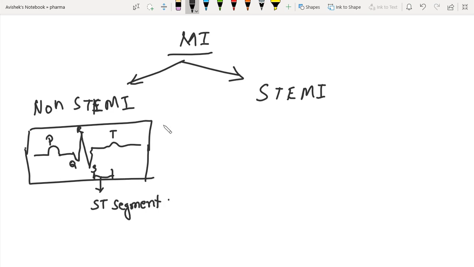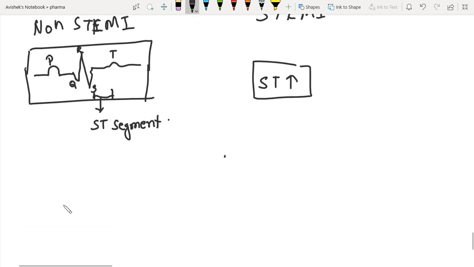In this there is no ST elevation, but in that there is ST elevation. So the drugs in both of them we use similarly.